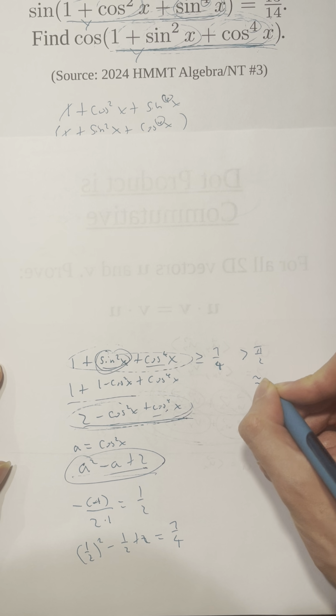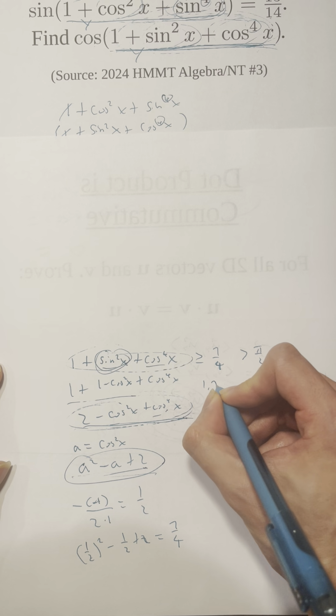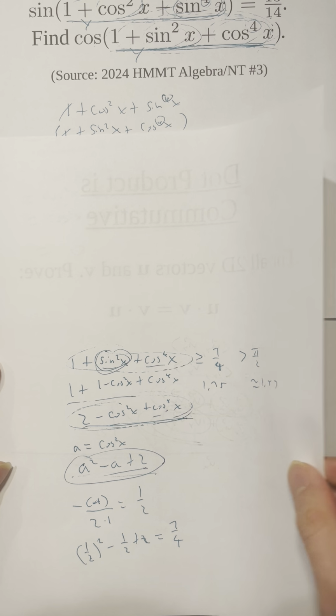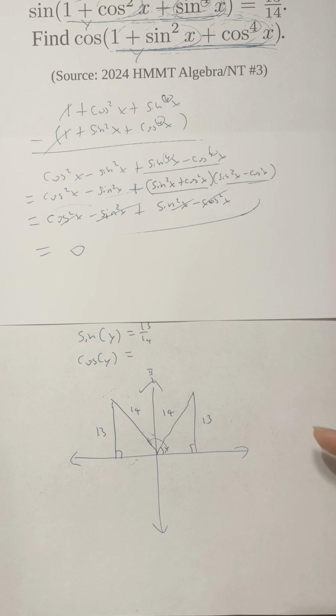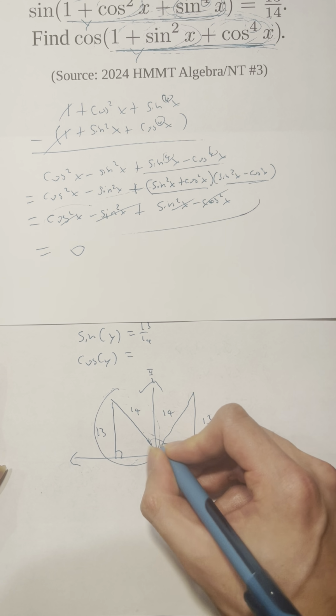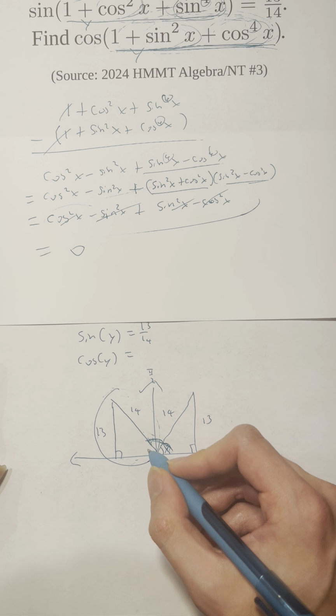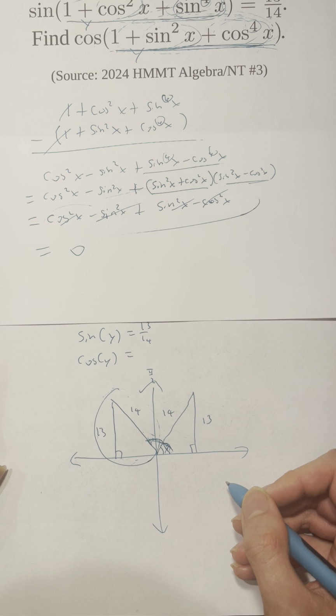All right, so this is about 3.14 divided by 2, which is about 1.57. This is 1.75. So yes, our wishful thinking paid off. So we're going to be using this triangle. And then this is going to be y. Okay, so what's cosine of y going to be?